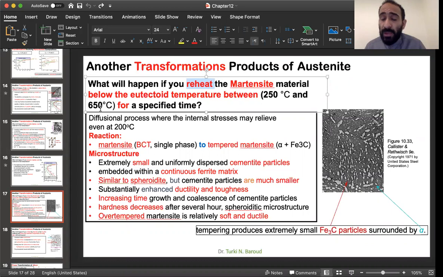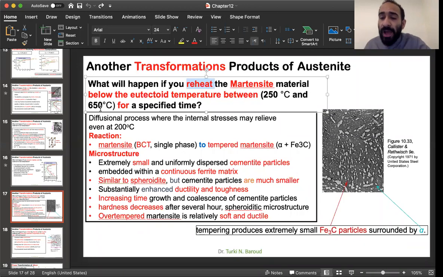What happens if you keep it at that temperature for a longer time? These small particles are going to become larger. Why? Because we learned earlier that the larger the particle, the less the interfacial area between the carbide and the matrix. Remember grain boundaries: we said the material prefers larger grains compared with smaller ones, because smaller grains have higher energy.